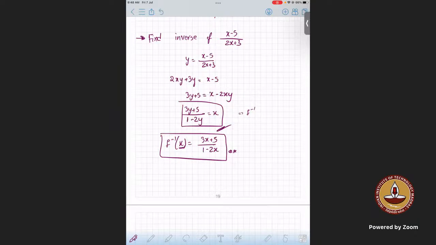Just wait, it is loading. I'm opening the question.